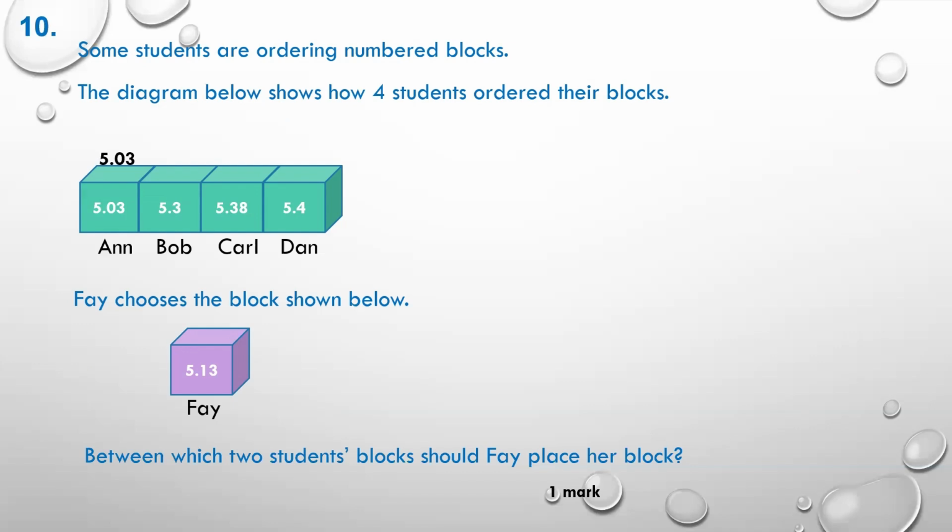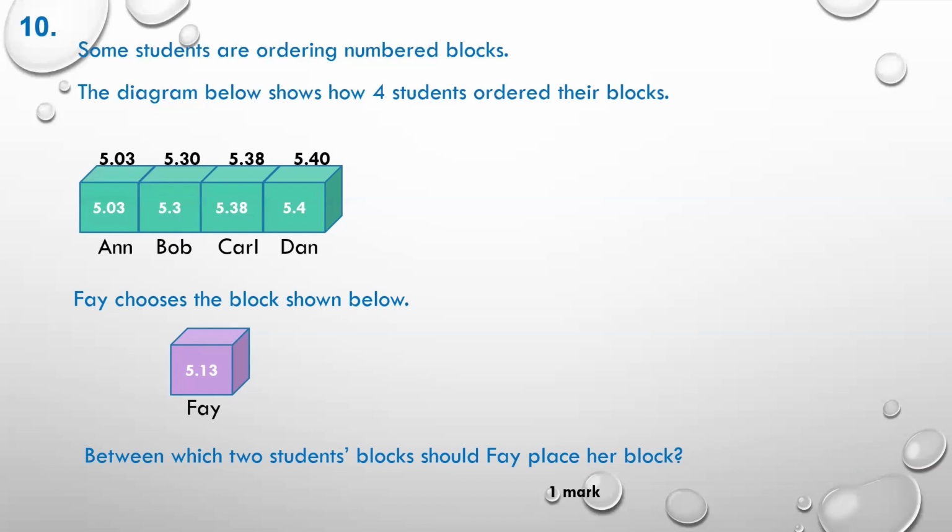So Anne is 5.03, Bob is 5.3, and if we write that to two decimal places, it will be 5.30. And Carl is already to two decimal places, 5.38. And what about Dan at 5.4? Can be written as two decimal places as 5.40. Right? It's just to make sure we don't write 5.04.